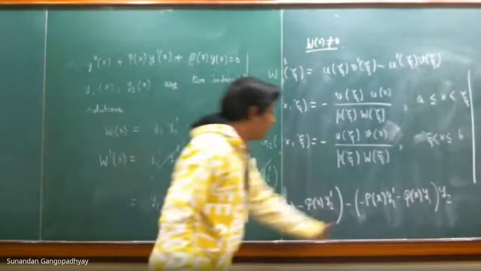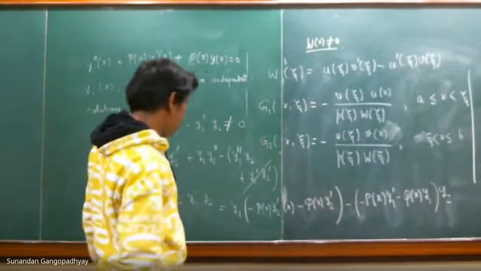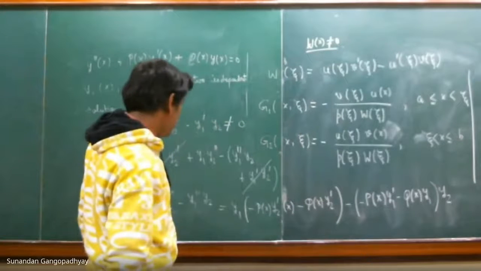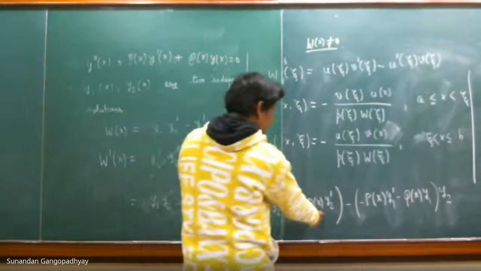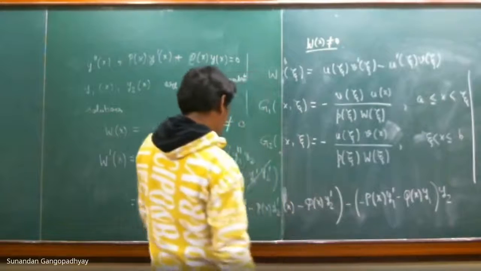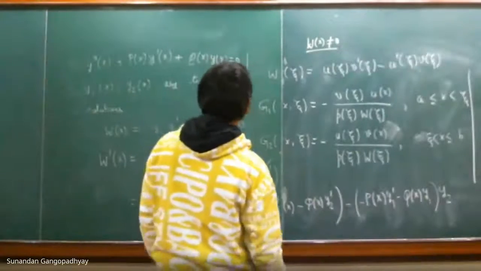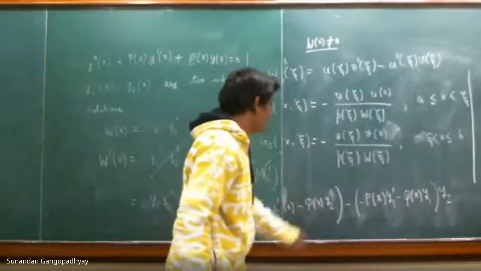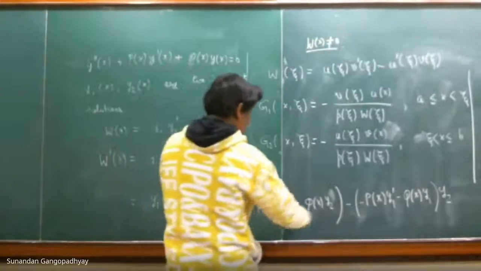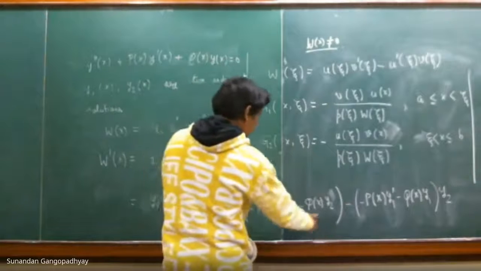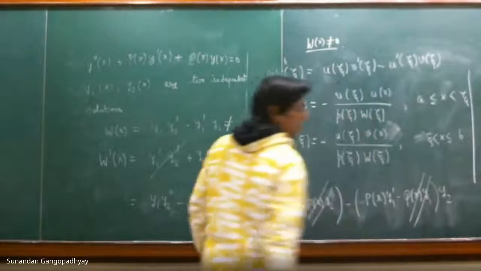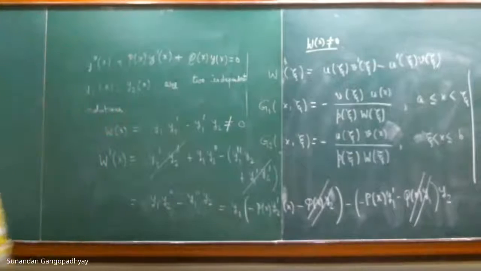Now you can see from this expression, let me just check, this will be q of x y2, not y2 prime. You can see that this term, y1 y2 times q of x, will cancel this term. So these are gone.